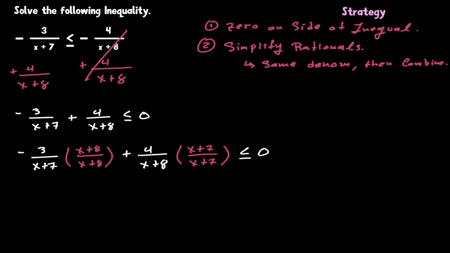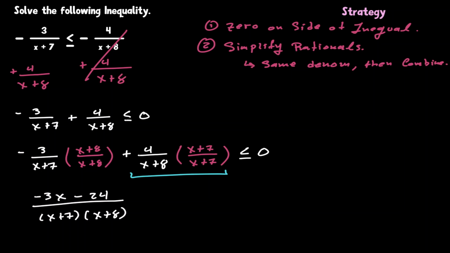So now let's perform the multiplication. Within my first term, let me start by distributing the value of negative 3. Then we're going to get negative 3x minus 24. And now the denominator, I'm not going to distribute. I'm just going to keep them as x plus 7 times x plus 8.